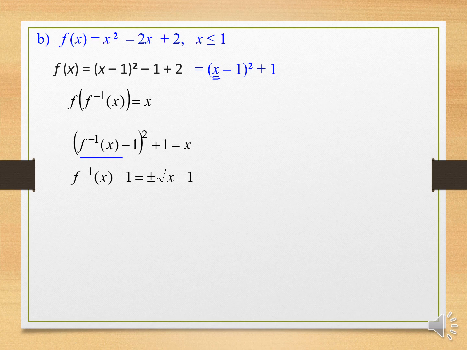We have f inverse(x) minus 1 equals plus or minus the square root of x minus 1. To take positive or negative values, we check f inverse(x) less than or equal to 1 from here.